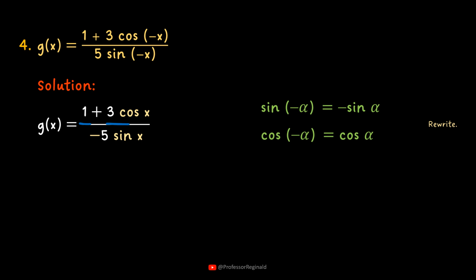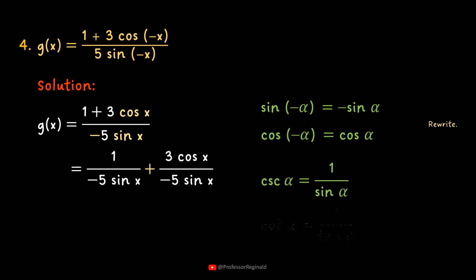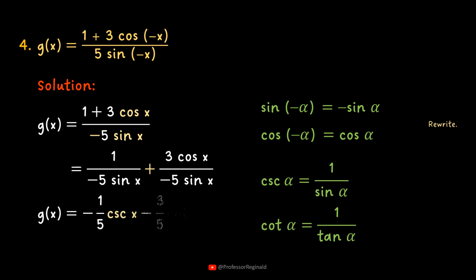Divide each term in the numerator by the denominator, and use another set of trigonometric identities that lead to easier differentiation. g of x becomes the negative 1/5 of the cosecant of x minus 3/5 of the cotangent of x.